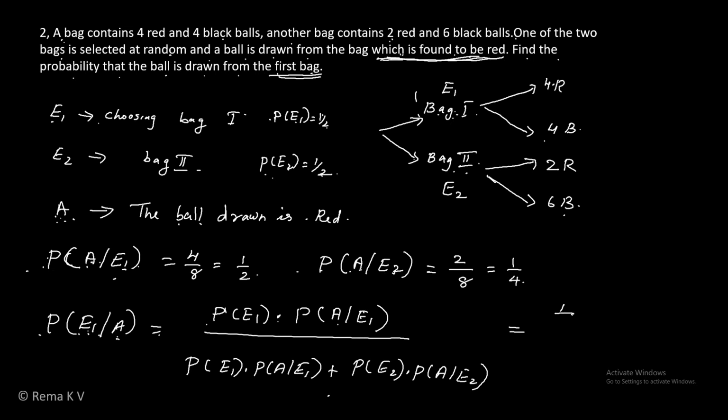Probability of E1 is 1 by 2 into probability of A given E1 is 1 by 2, divided by 1 by 2 into 1 by 2 plus probability of E2 is 1 by 2 into A given E2 is 1 by 4. Simplify this and find the answer.